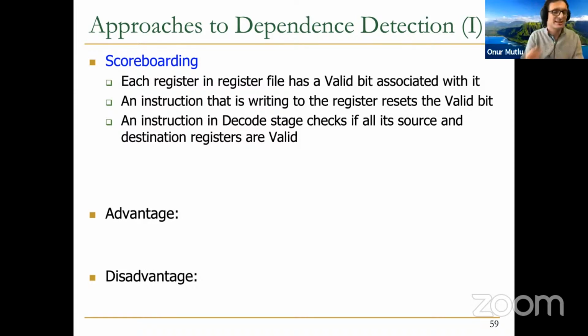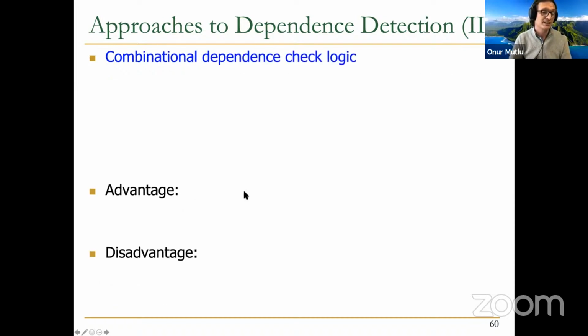There are some complications here, but you can make it work also. So that's a good question. That's a subtlety. Scoreboarding can enable you to stall only for read after write dependencies, true flow dependencies, but not in the way I described it over here. And you need to be a little bit more careful if you want to stall only for read after write dependencies.